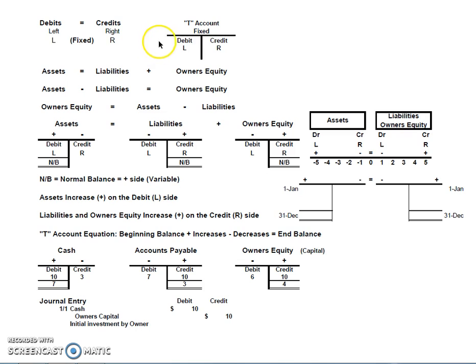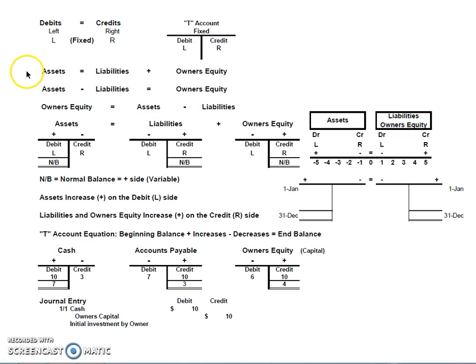When we're talking about a T account, a ledger is an example of a T account. We have a debit side and a credit side, which means we'll be making entries to either increase or decrease. Debits are always fixed, always left, credits are always right, but the increase and decrease side can be different.